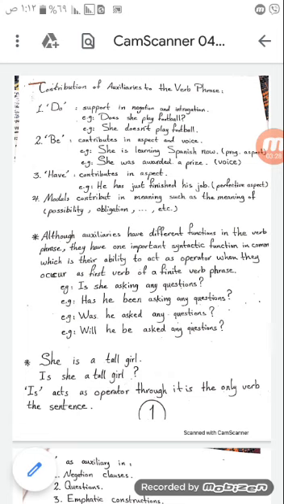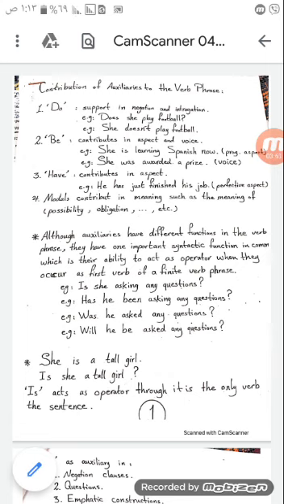The affirmative form of this sentence is: she is asking some questions. If we want to make a question or an interrogative sentence, we move the operator, the only auxiliary verb within the sentence, before the subject.